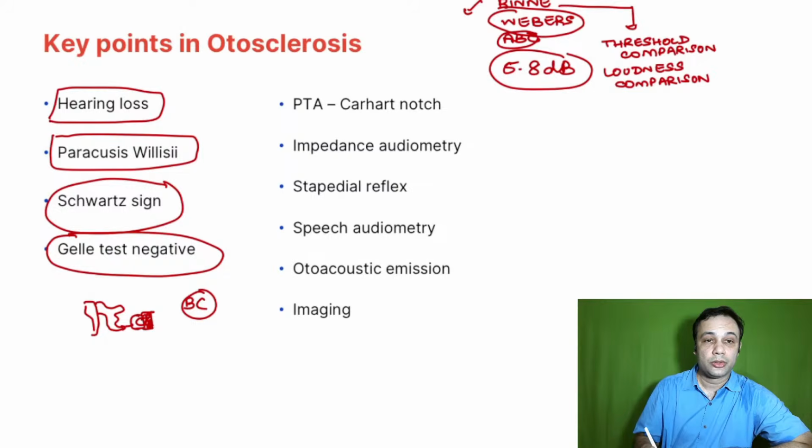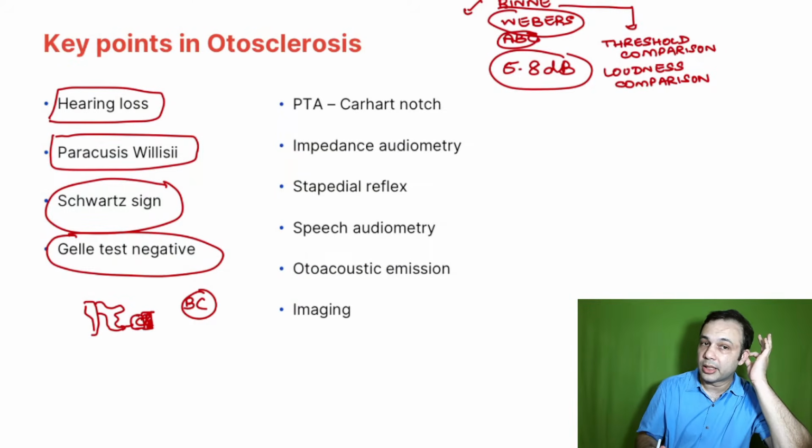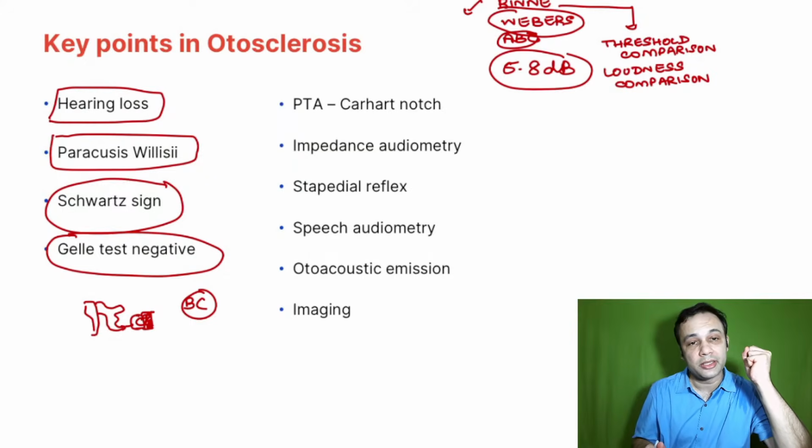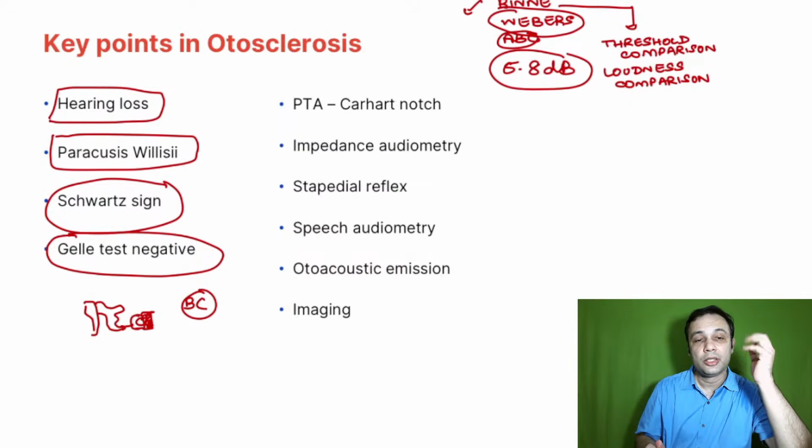right? So what happens in Gelle's test is, when you have a normal ear, you do a bone conduction, and then you increase the pressure in the external auditory canal, and then you do a bone conduction, right? So what will happen? The bone conduction, anybody?